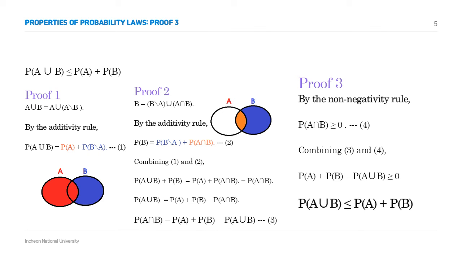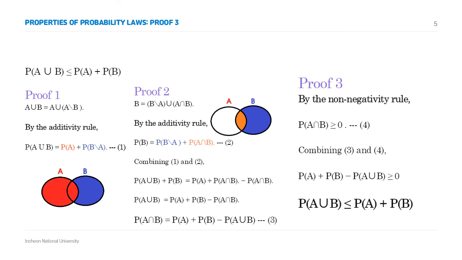So we know that, and now using the facts from the two equations, number 3 and number 4 right here and here, we can easily get the result from number 3 and number 4, that is P(A) plus P(B) minus P(A union B) is greater than or equal to 0.